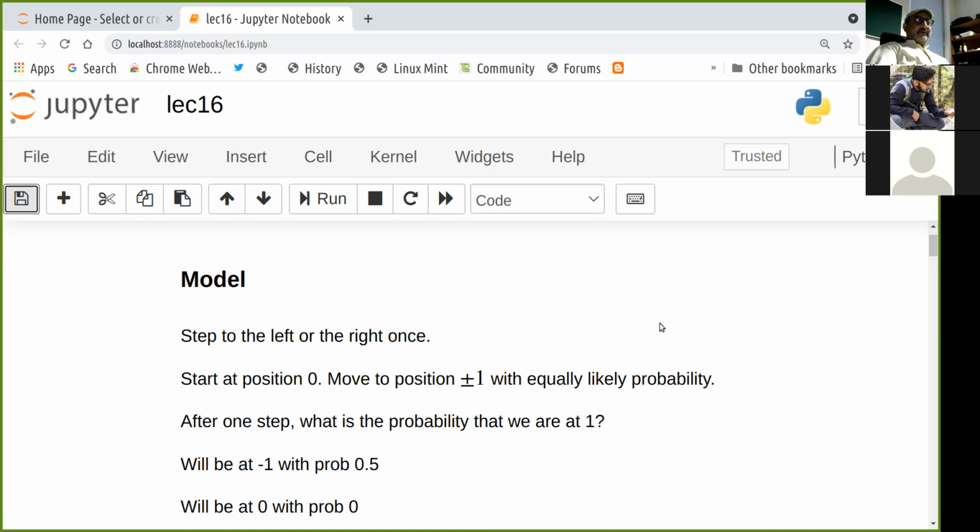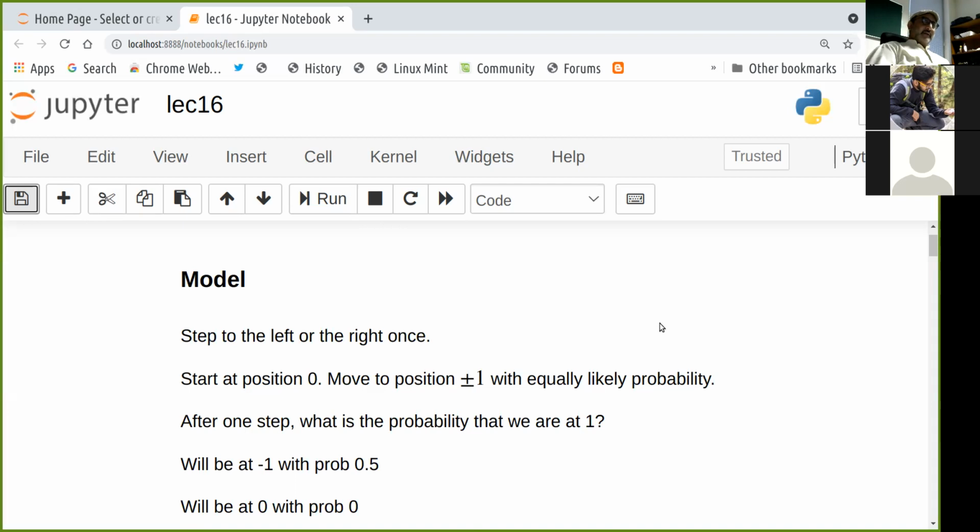Yeah, 0.5. And being on the left was equally likely. Being at position -1 would be 0.5. And note that when we flipped the coin, we had decided that we were going to move based on the coin result, so the probability of being at 0 is in fact 0.